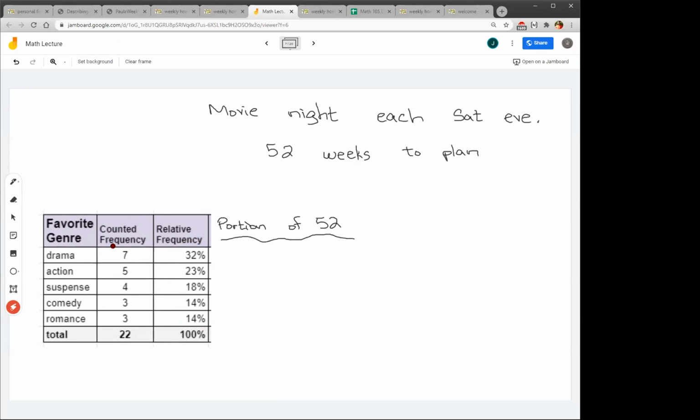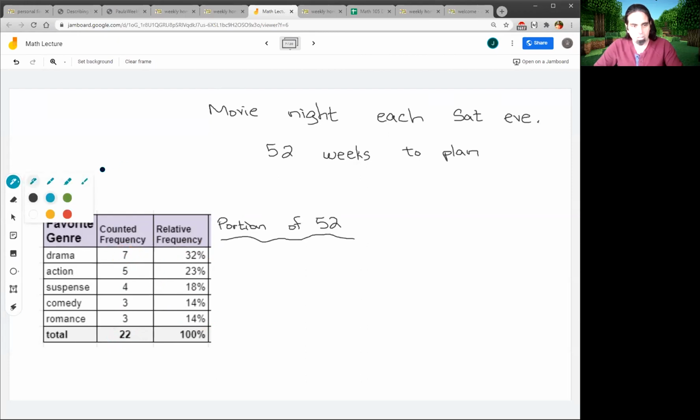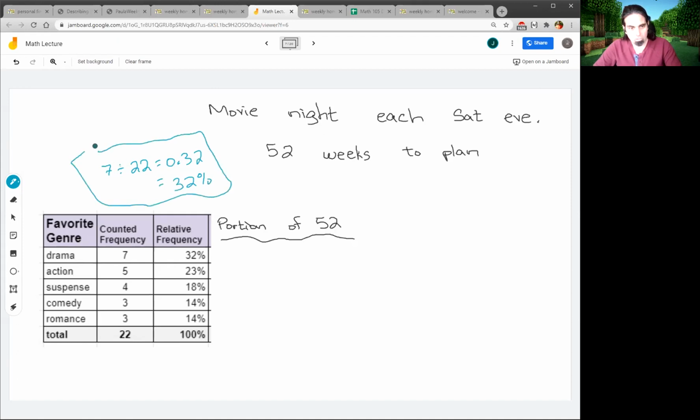Yeah. We took the counted frequency and divided by the total for each of these. 7 divided by 22 is 0.32. And there's probably rounding in there somewhere that the spreadsheet did. So that's how we got each of these. 5 divided by 22 was about 23%, and so on.